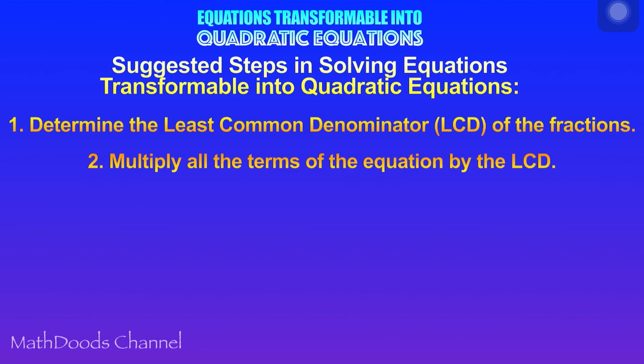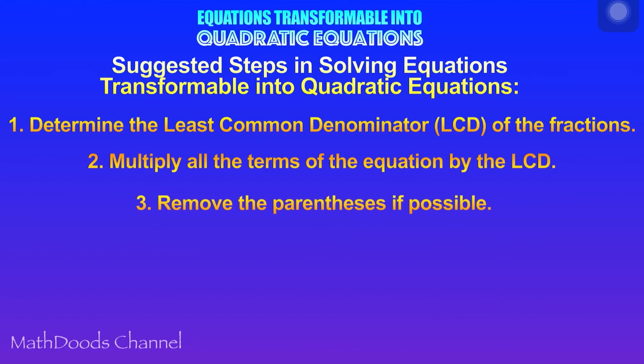Kaya nga, nagmumultiply tayo ng LCD. Ngayon, kung mali yung LCD nyo, baka hindi ma-eliminate o hindi mawala yung denominator. Kung tama yung LCD mo, mawawala yung denominator pag minultiply mo lahat ng terms ng rational equation. Number 3, remove the parentheses if possible.